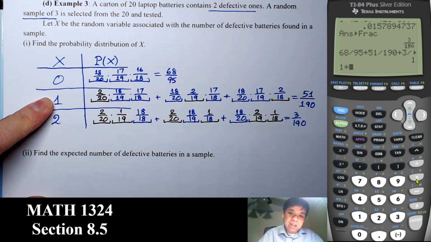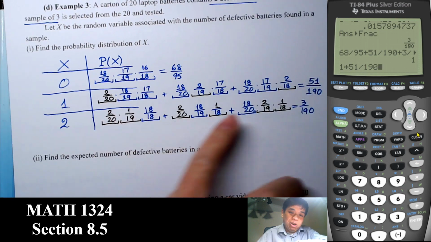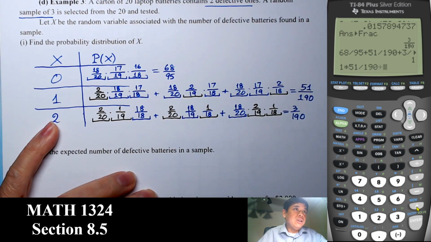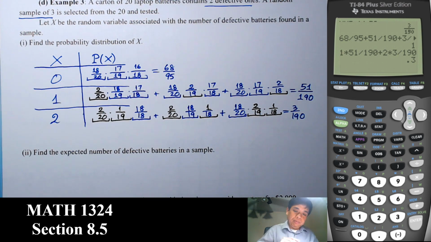That's silly. I'm just going to say it. 1 times 51 over 190, which is 51 over 190. We don't even need to times 1. I'm just going to write that. And then 2 times 3 over 190. So this is the expected value, 0.3.